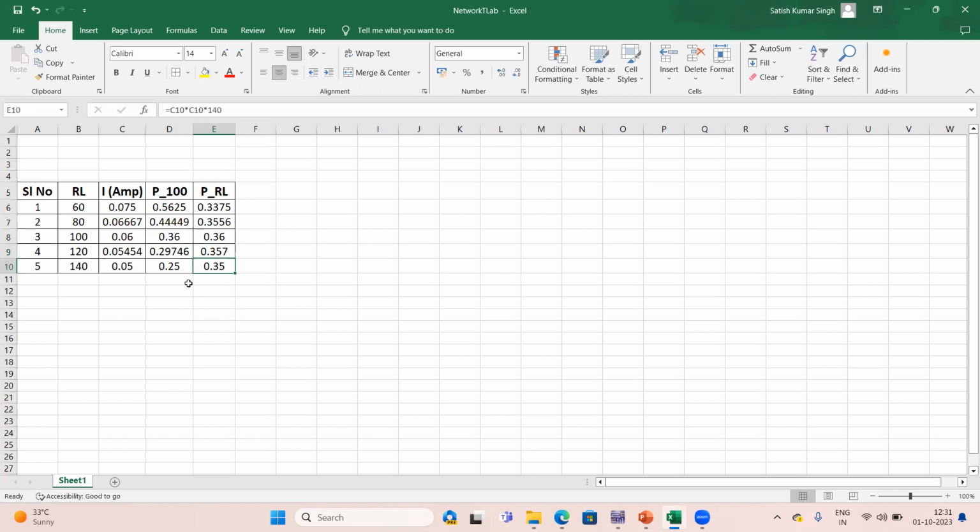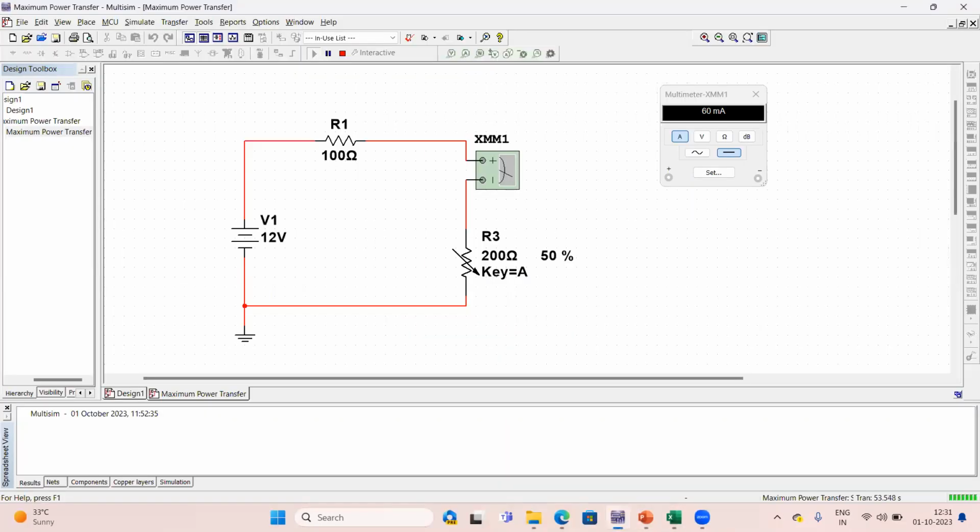So here you can observe that for RL equal to RS, 100 ohms, the maximum power is actually being delivered to the load resistance, and at that time the power delivered to the source resistance is also equal to 0.36. It means that only 50% of the power in will be delivered to the load resistance, if we are considering any practical voltage source, provided that this load resistance is equal to the source resistance.